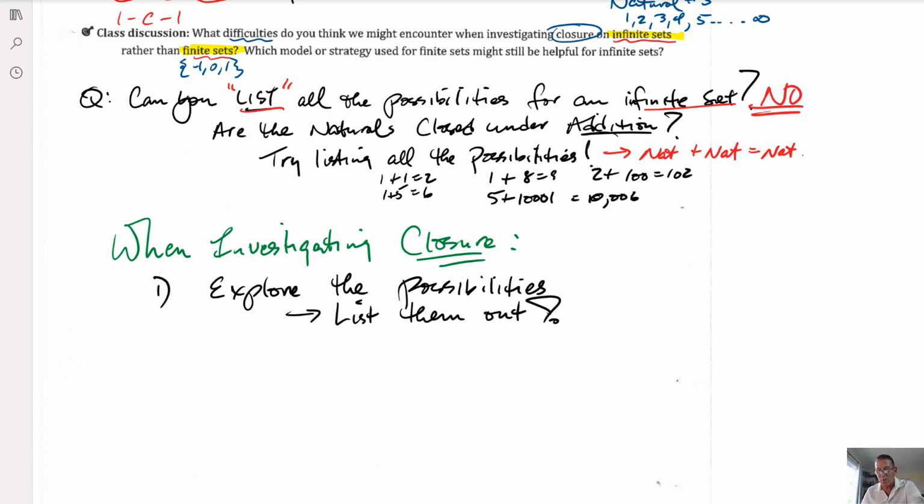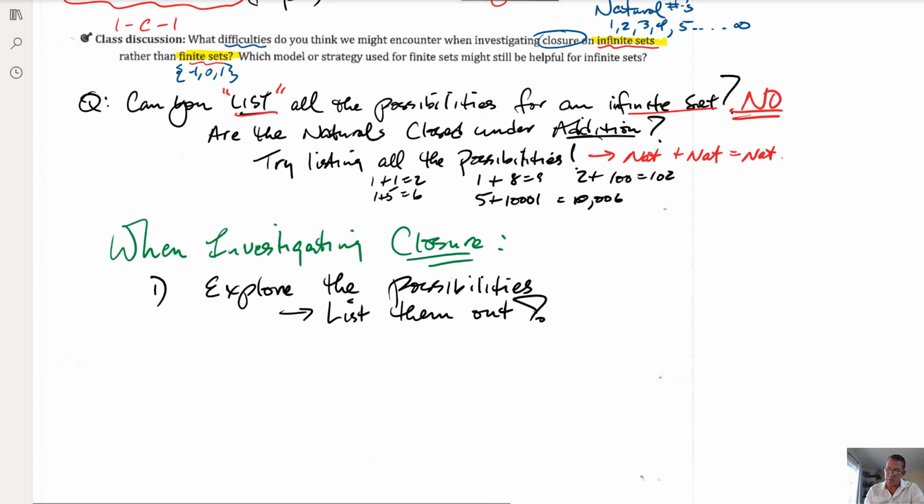That's the first thing you do, if it's a finite set and there are only a few possibilities in the list. You saw that in my previous activities and discussions, where I had maybe only 9 possibilities, and I was able to list them and show something's closed. So if it's possible, do it. If you can't, then you try something else.